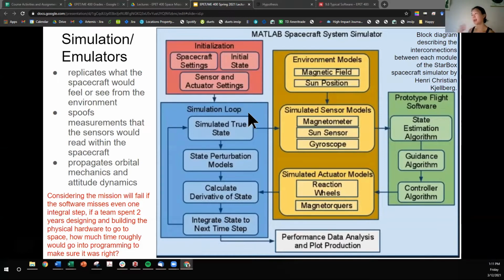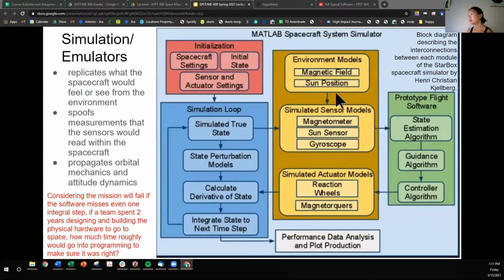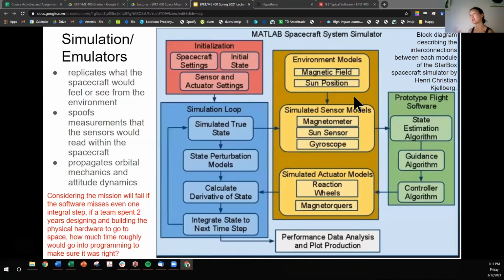So you're updating at every step the state, which includes your orbital parameters and your attitude. This simulation loop, which actually integrates the state, informs these environment, sensor, and actuator models so that you can actually spoof the measurements that the sensors would see. But remember that this is all virtual. This is all a simulation, like in the Matrix, not an actual space environment.